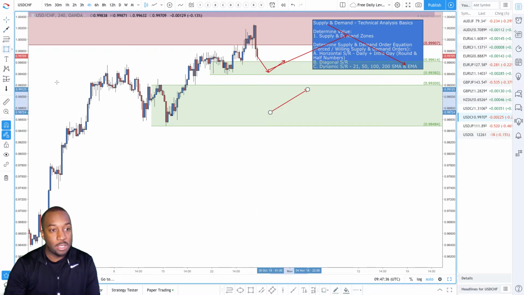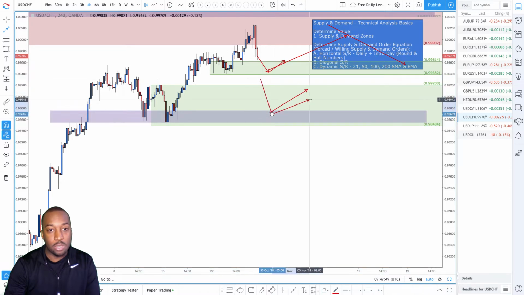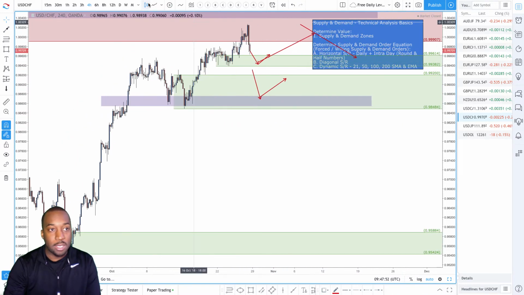And I do like this area right there, as you've had resistance, resistance, support, support. So if prices do come down here, this is where I'll be looking to be a buyer, right?